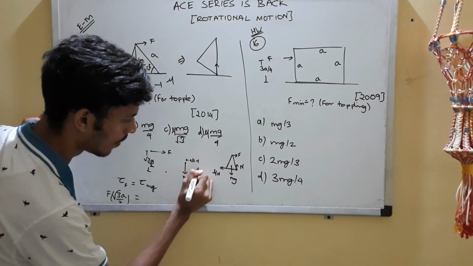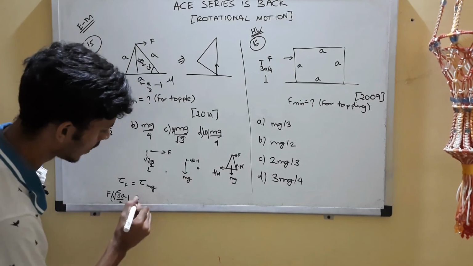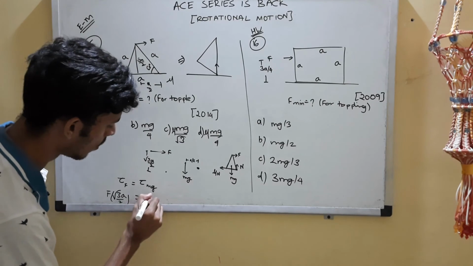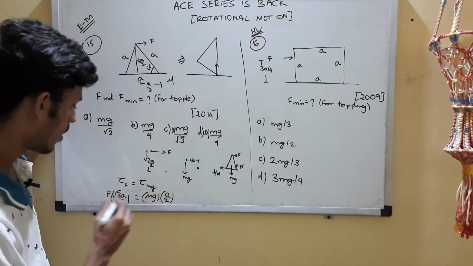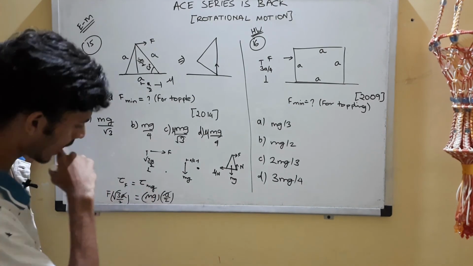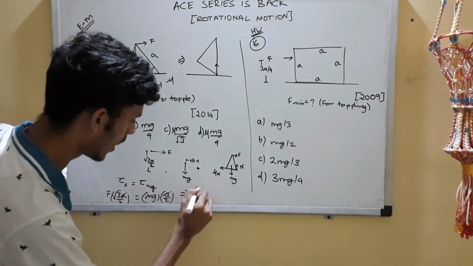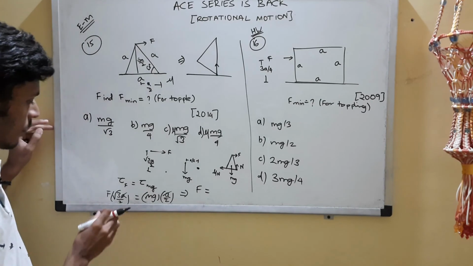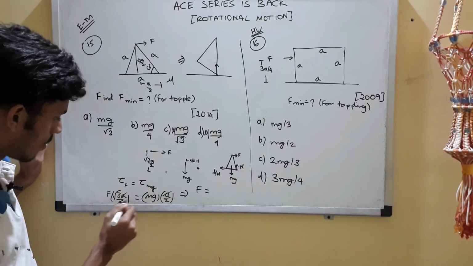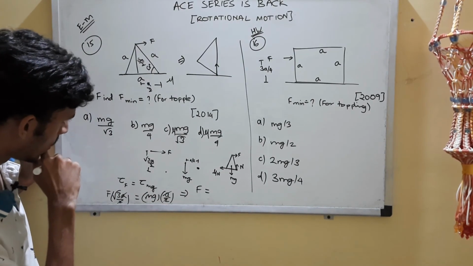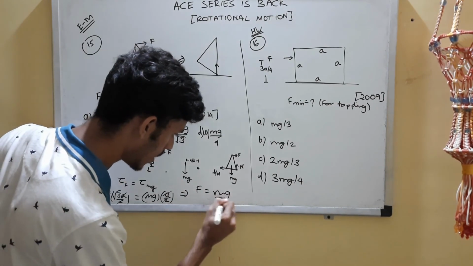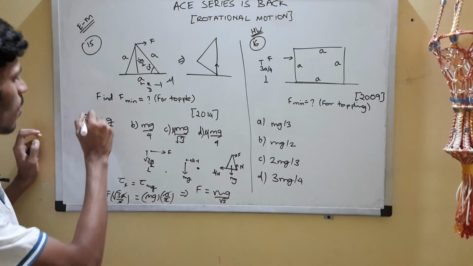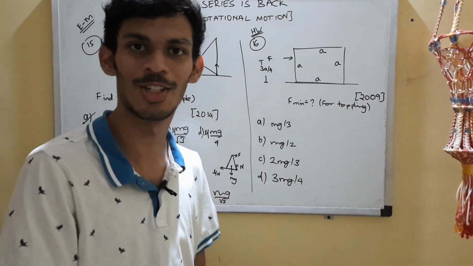So this distance from that point is a by 2, and the torque is mg times a by 2. So a and a will get cancelled, and 2 and 2 will also get cancelled. Here we are supposed to find F minimum, which is given as mg by root 3. So option A, mg by root 3, is the correct choice over here.